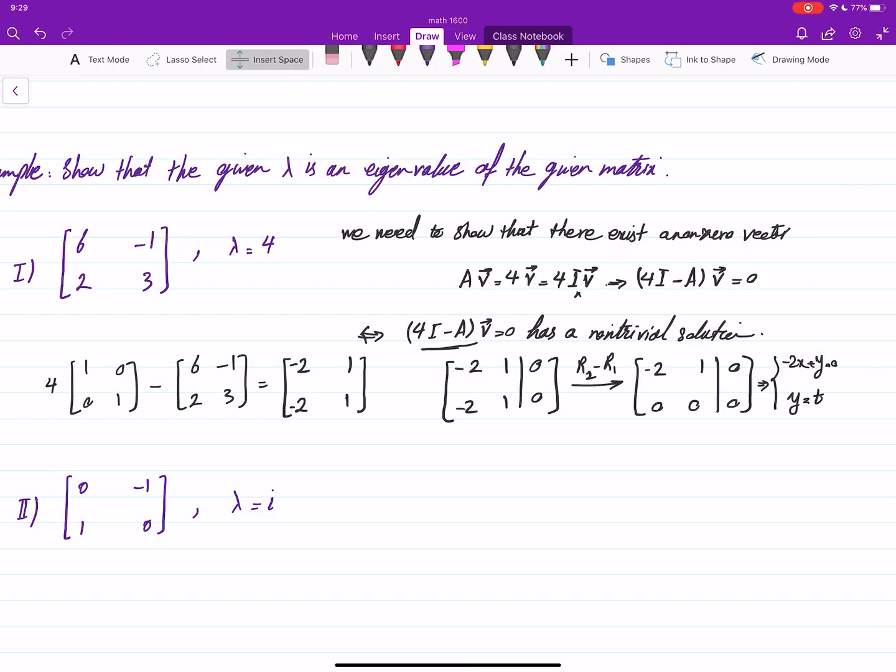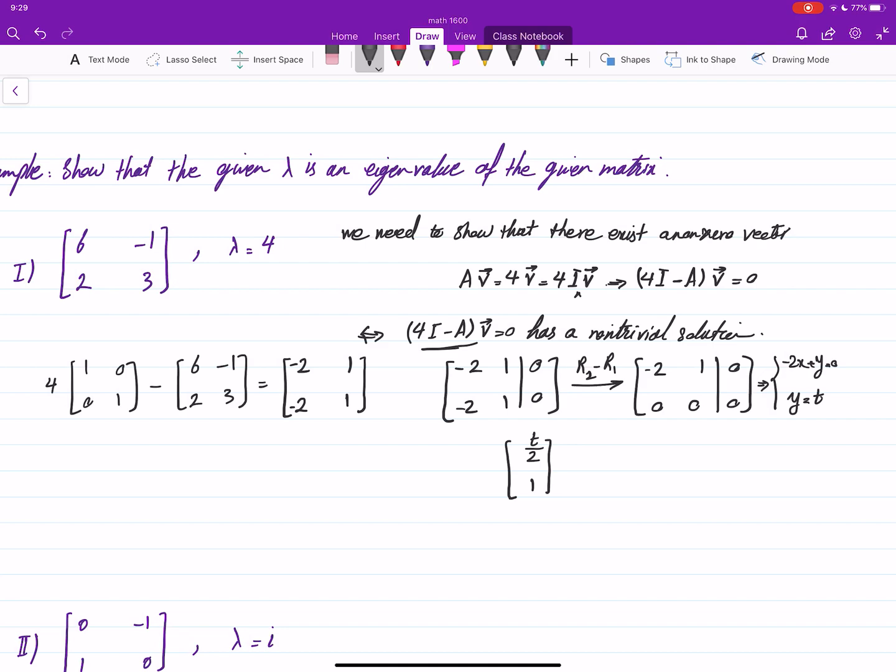I'm just solving this system, yes? And then, when you solve that, you see that the solutions will be of the form t over 2 and t. Well, t, sorry, this is t.